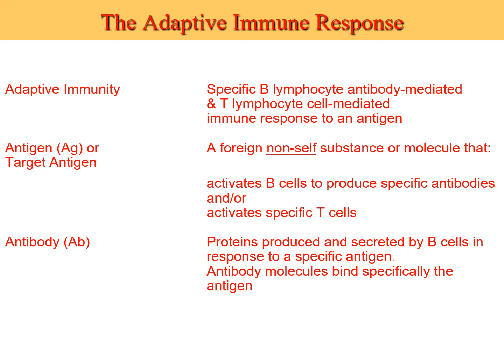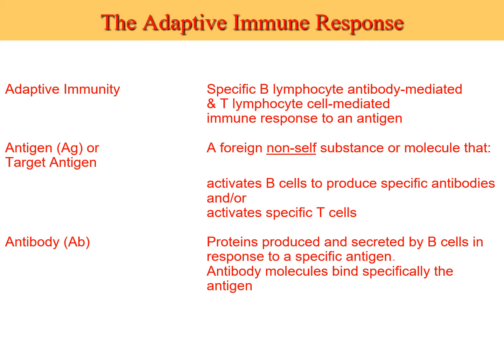Each one has on its surface a receptor for foreign molecules, and each different one has a different shaped receptor for a different foreign molecule. These foreign non-self molecules are called antigens or target antigens. I'll try to use the term target antigen more often just to emphasize that it's what the adaptive immune response is responding to.